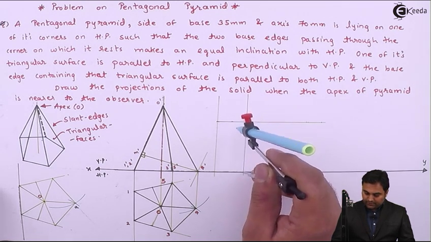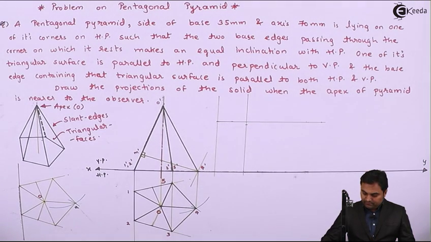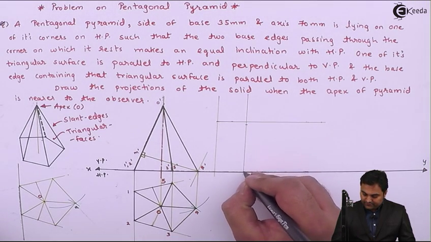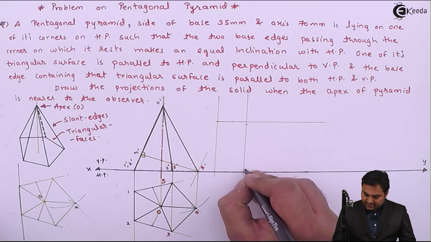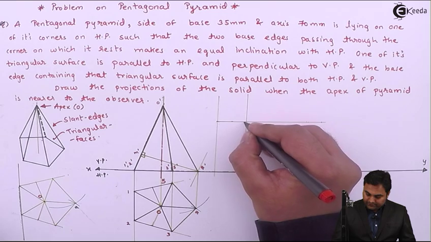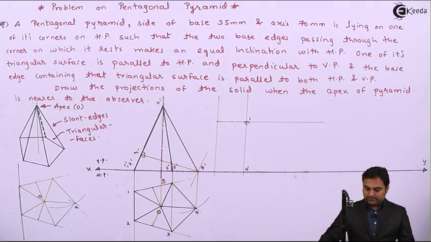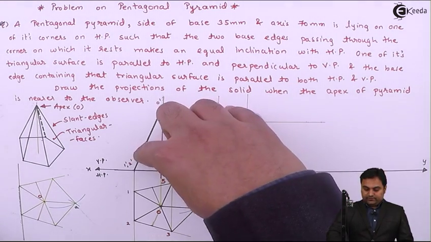Now this vertical line has point 4 dash and point M dash.